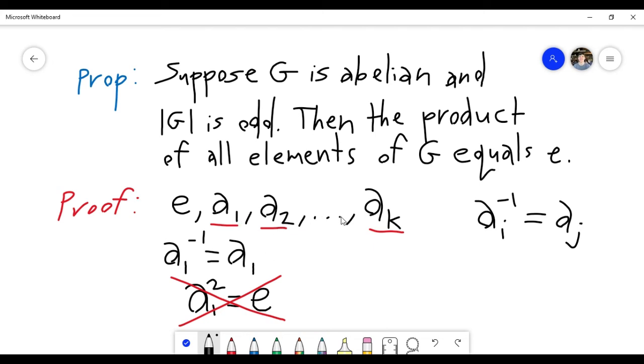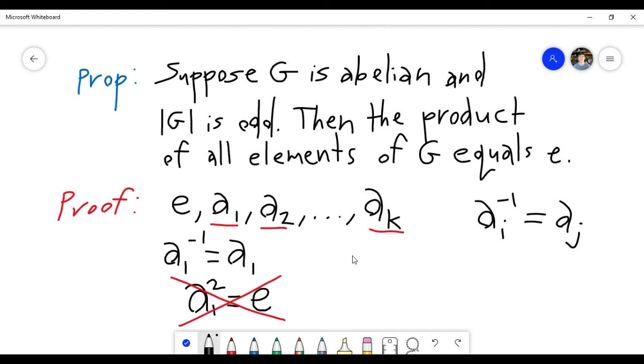And so we can actually divide these elements into pairs. So we have a1, a1 inverse, and then we have a2, a2 inverse. This is assuming a2 isn't the inverse of a1. And we know that we can divide all of these remaining elements into pairs.